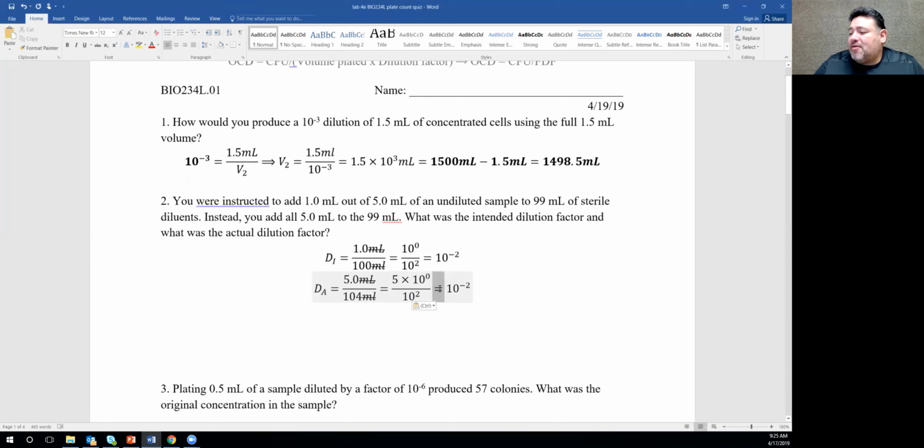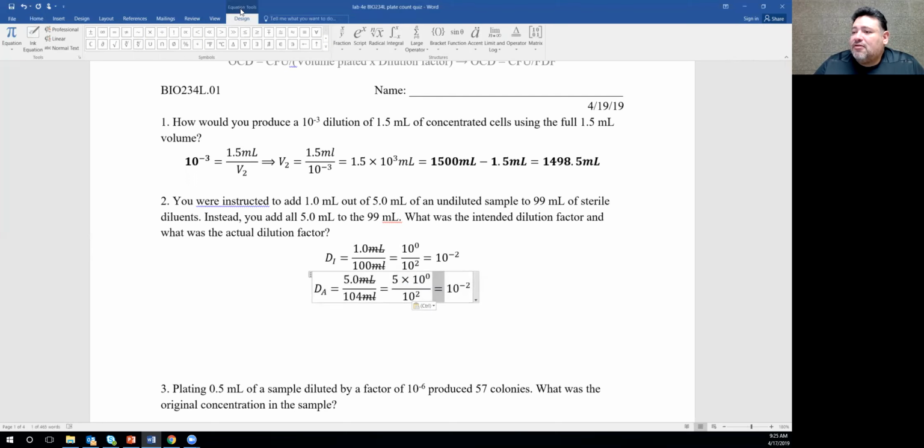Well, this is now going to be approximately equal to, boom, 5 divided by 1, that's going to be a 5 times 10 to the negative 2nd. Okay. I'm going to put that 1.04 over here, if that makes you feel better. Okay.